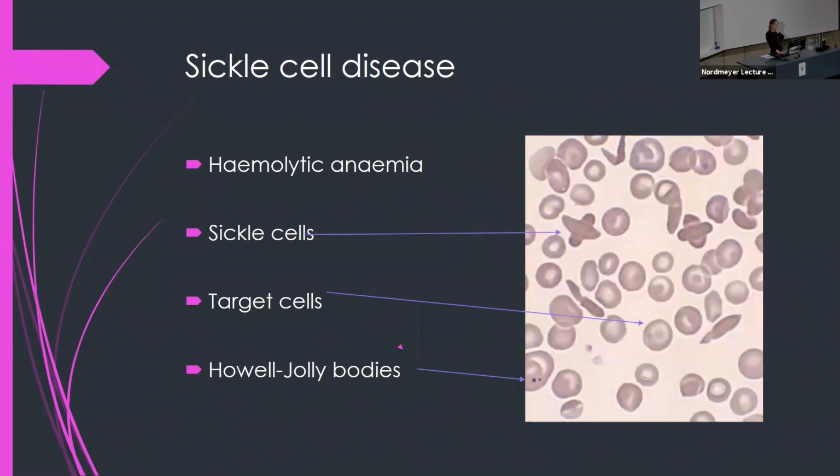Sickle cell, I'm just going to show you some pictures now, because if you've got hemolysis and you've got this blood film with sickle cells, these long cells, sometimes they're sickle, sometimes they're more boat-shaped, I don't know. These long cells here, all of these, they're all sickle cells.